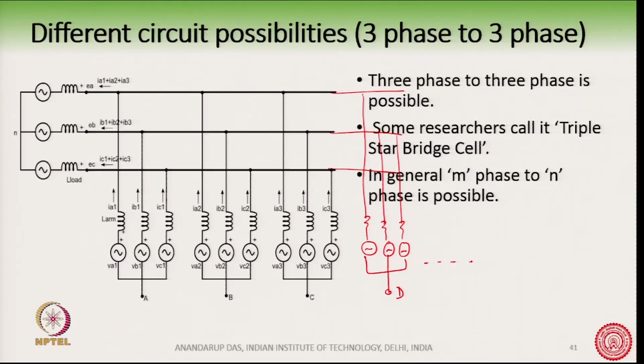In general I can say that an M phase to N phase system is possible. Okay. This is also something which may be interesting for certain applications. So, a 3 phase to 3 phase possibility exists with MMC.